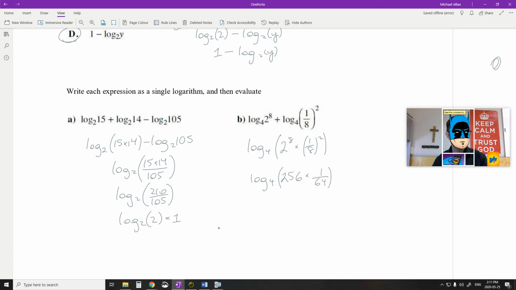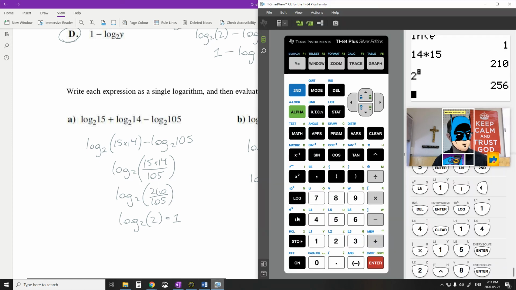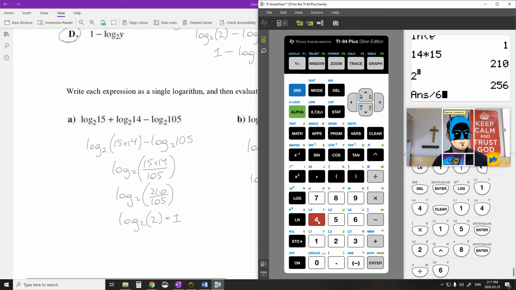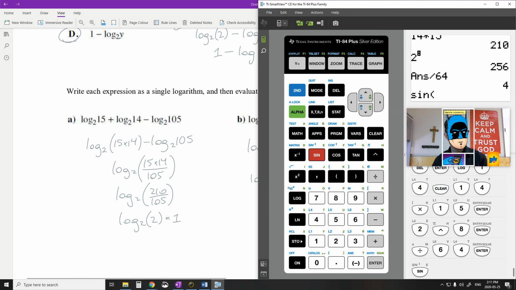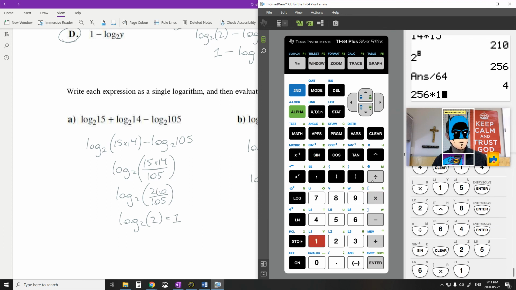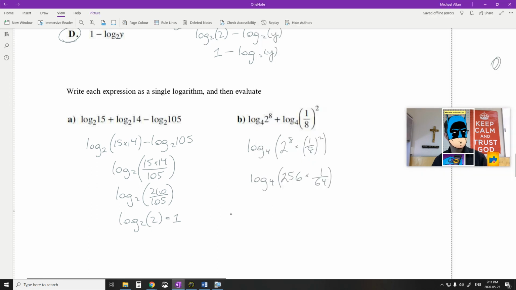You're squaring the top and the bottom, and 8 times 8 is 64. Then I'm going to go 256 divided by 64, because that's the same as multiplying by 1 over 64. Ends up being 4 as well. So this ends up being log base 4 of 4, which is 1. That's a pretty cool property.